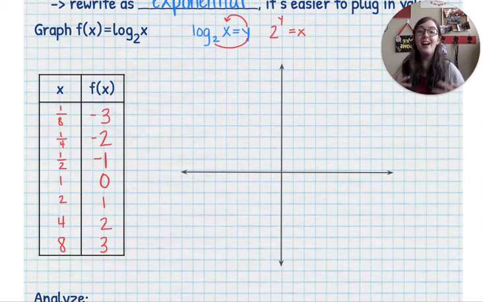So now I need to graph these points. We just did x and y in reverse, right? Now, when you plot them, make sure you don't reverse it, otherwise you're going to end up with 2 to the x again, and that's not helpful.